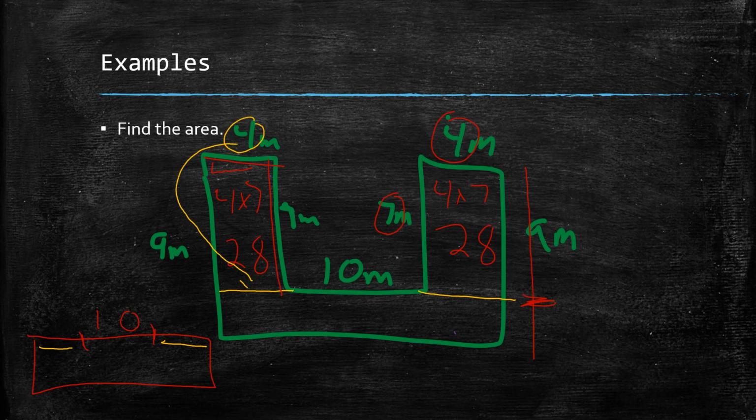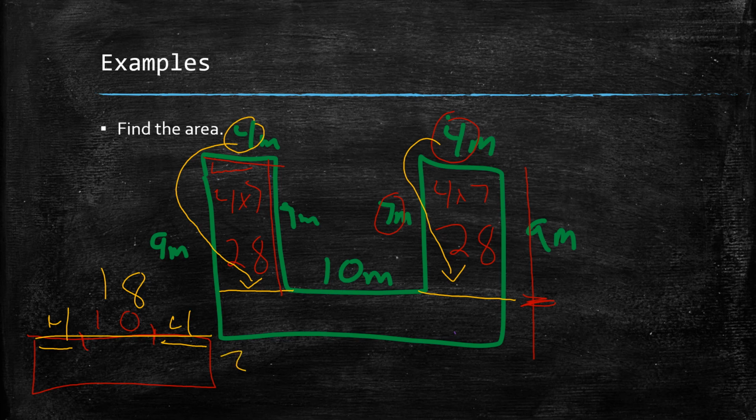So this line right here is 4. This 4 is also going to be right here on this side. So for my rectangle, I have 4 plus 10 is 14 plus 4, that is 18. So this entire line is going to be 18.